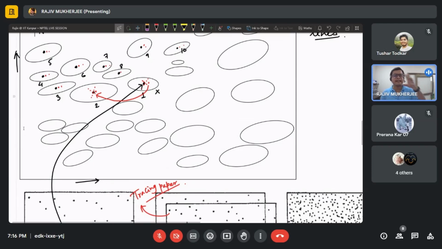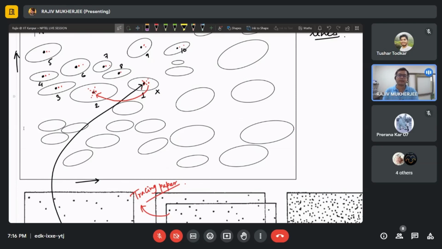That means we have the sheet beneath us, we place the tracing paper over that, and every time we relocate this cross, or the central point of this tracing paper, to some ellipse, and then we trace the center point of all the other remaining ellipses on the tracing paper.